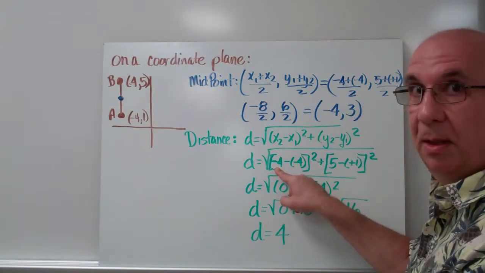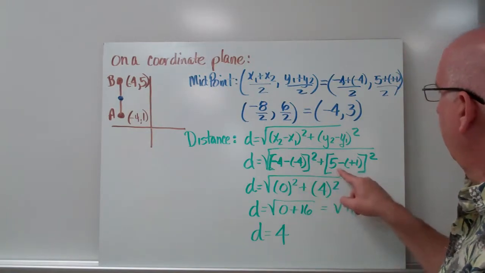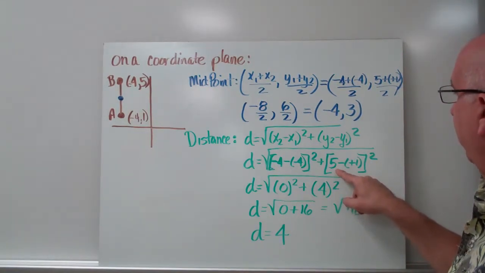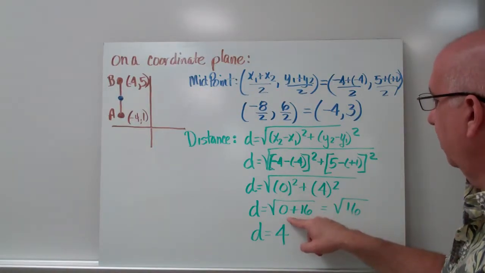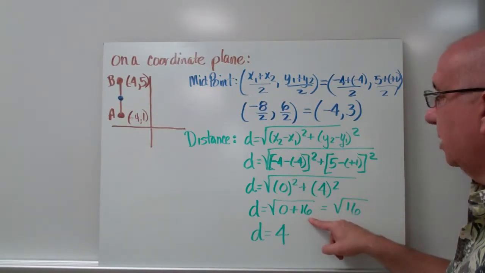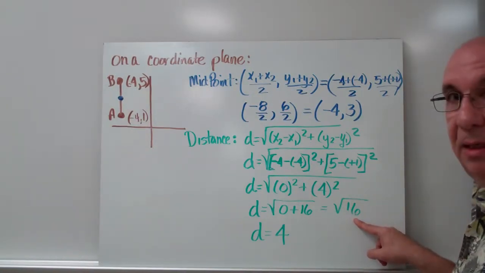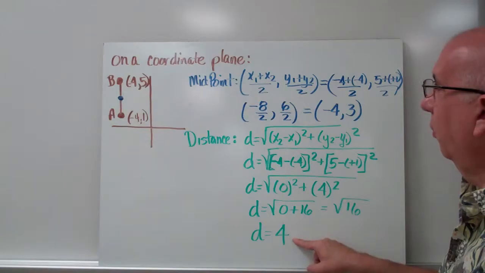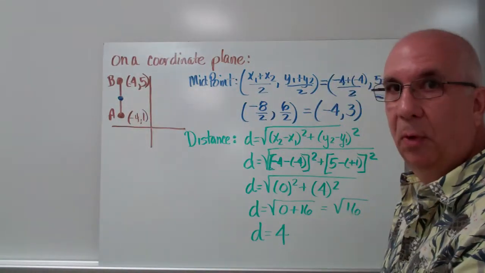So this is -4 plus 4, which is 0. This turns out to be 5 minus 1, which is 4. Clean it up. 0 squared is 0, 4 squared is 16. Add them together, I get 16. But I still need to take the square root of 16, which is 4. So the distance between these 2 points is 4.